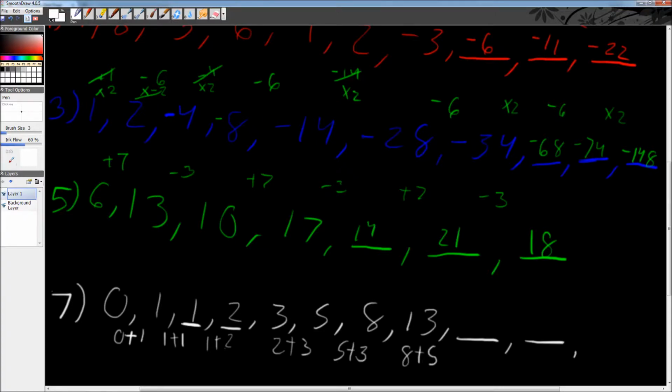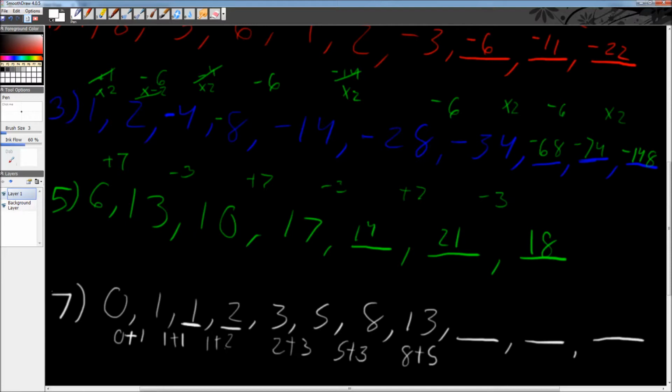So what should be next? What have we been doing, first of all? We've basically been adding our 2 previous numbers to get our next number. To get 1, we added our 2 previous numbers. To get 2, we added 1 and 1. To get 3, we added 1 and 2, etc. So how do we get this number?